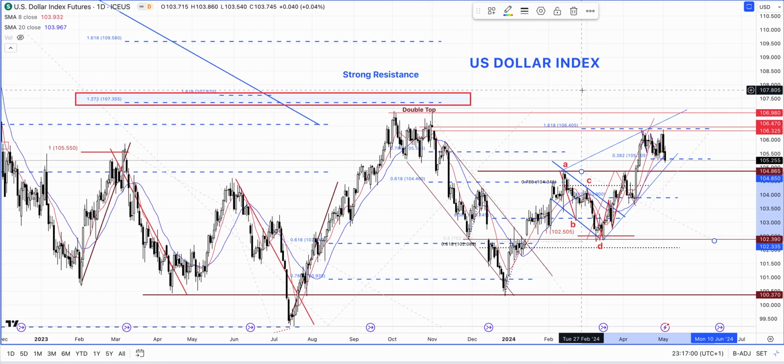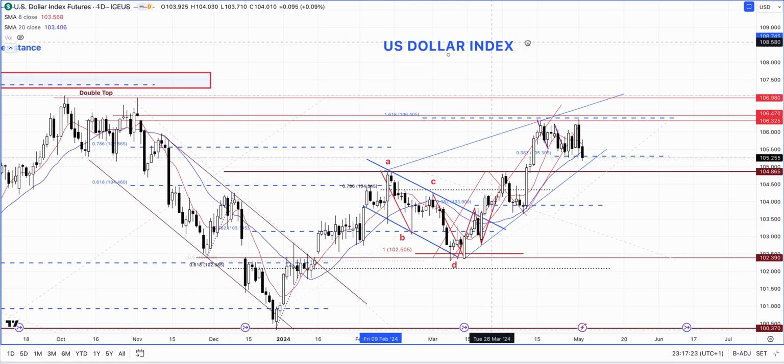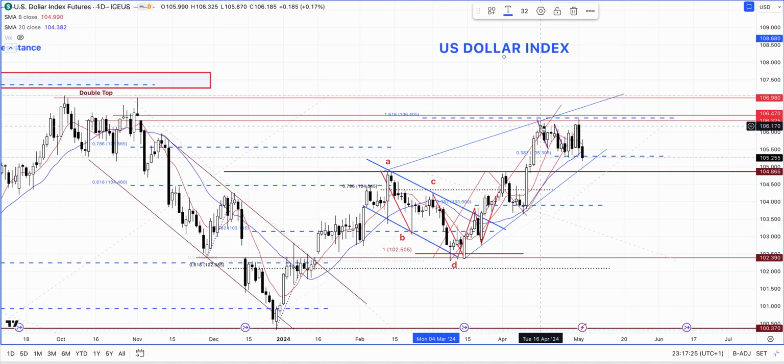Long-time subscribers will know that we were watching for a possible retest of 107 level, but because of this gap, the chances are that it might not actually try to make an attempt towards 107, because there is a fair amount of resistance because of this gap around here, also 1.618 expansion. And the key thing for us to watch, which we had been watching, is that the dollar index began to find resistance.